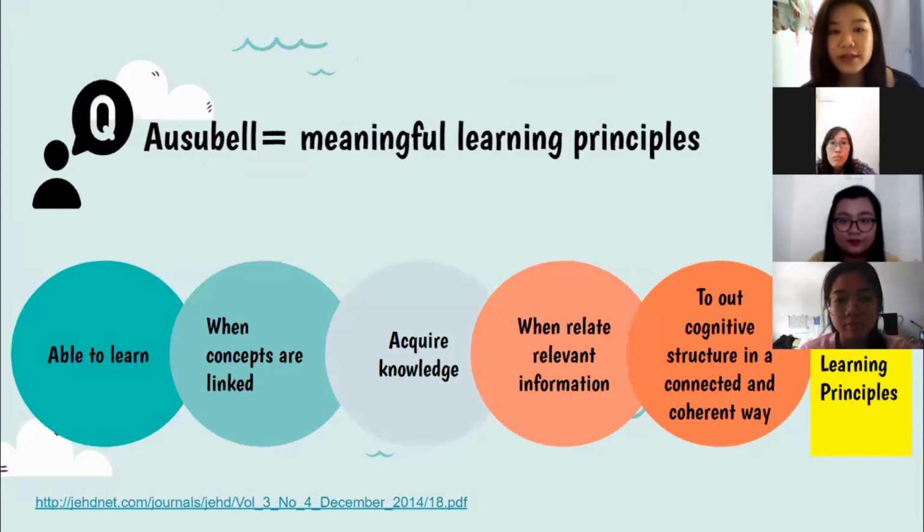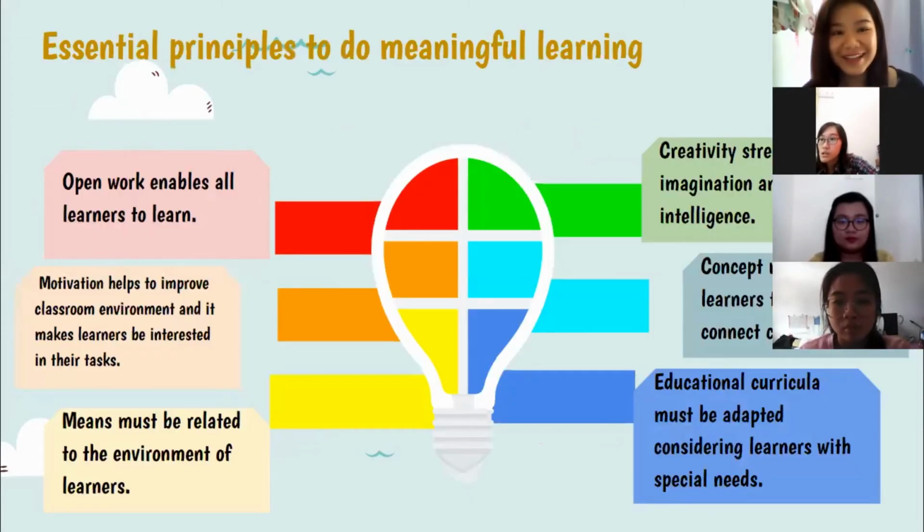Bell also says that in meaningful learning principles, the pupil is able to learn, and when concepts are linked, they are able to acquire knowledge, and when they are able to relate relevant information, it will occur in cognitive structures as coherent output. The essential principles of meaningful learning are that open work enables all the learners to learn.